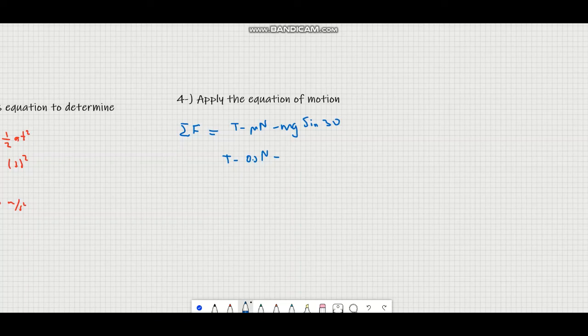Just start with N. Oh, that's right, mg cosine theta. So mg: the crate is 20 kg, and we need to multiply by g, and we need to multiply by sine 30 as here.